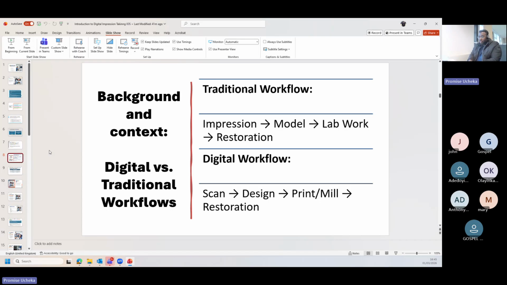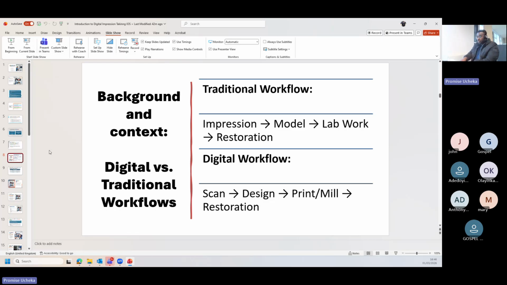So in the digital workflow, what you now get is the scan. The scan is exported to the system where you can now use it to design whatever it is you're doing, whether you are doing digital smile design or you are working on a full denture, partial denture, crown, orthodontic appliances, even an implant.